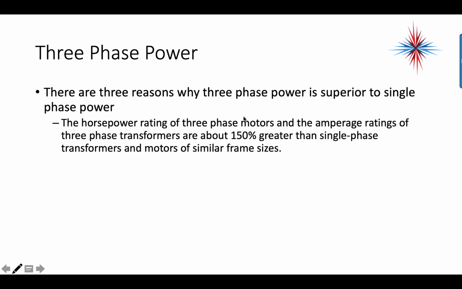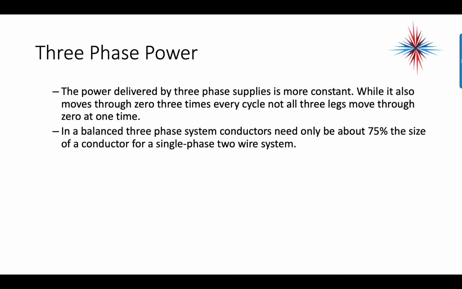There are 3 reasons why three-phase power is superior to single-phase power. First, the horsepower rating of three-phase motors and the amperage rating of three-phase transformers are about 150% greater than single-phase transformers and motors of similar sizes. Second, the power delivered by three-phase power supplies is more constant.